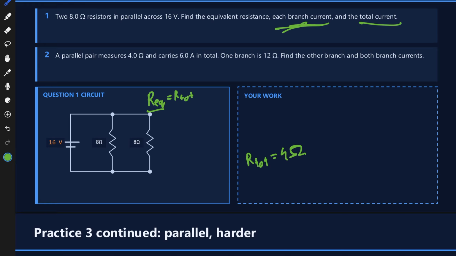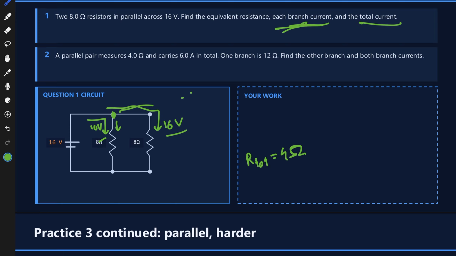So we know that across both of these, there must be a split of 16 volts, right? As the current reaches the node, it doesn't know what to do. It goes both ways, and both of them receive the same voltage. I go over this more in theory in my 7.2 video, so make sure to check that out.